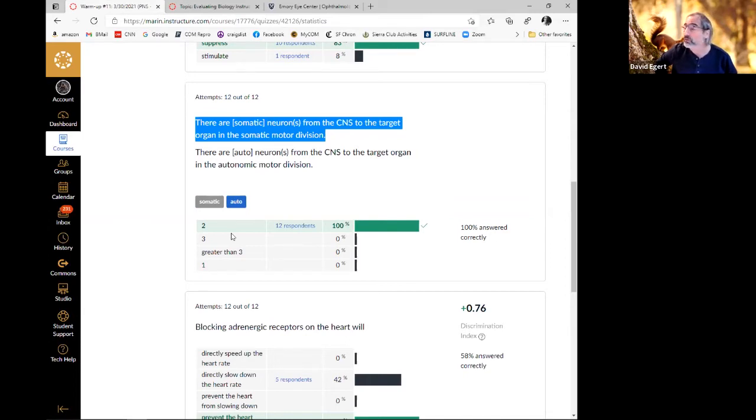And what kind of neurotransmitters are released at the targets there? Is it nicotinic? No, actually. So first we need neurotransmitters. What kind of neurotransmitters are going to be released by the autonomic motor neurons at their target?